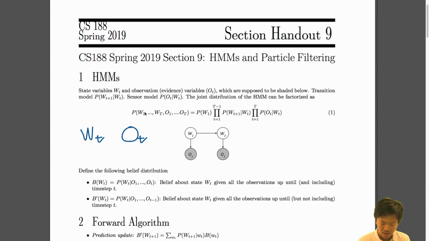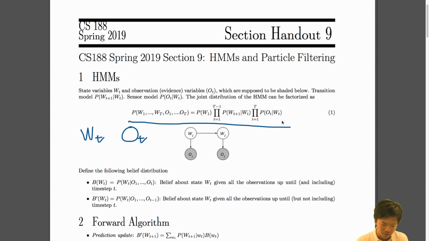There are a few relationships between these three tables. If we combine these three tables in a particular way, we will be able to get the joint probability over all the hidden states from time 1 to time t, and all the observations from time 1 to time t.